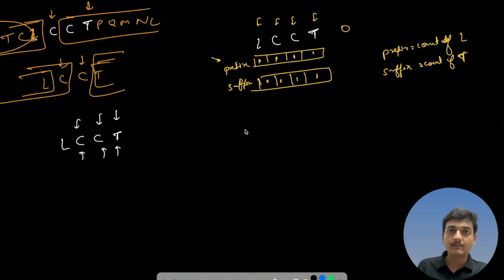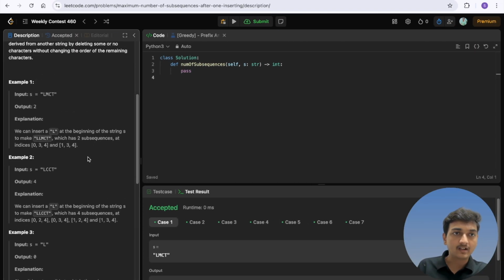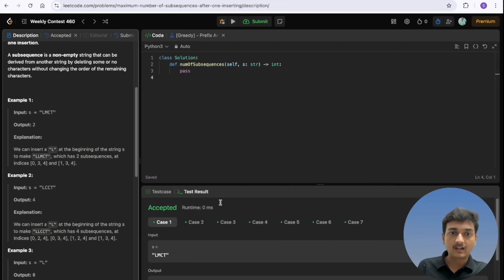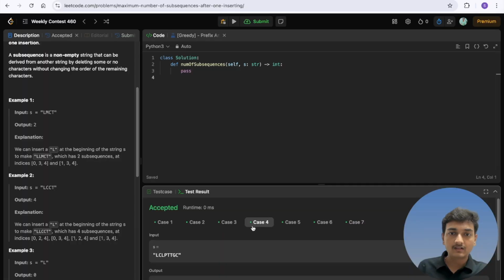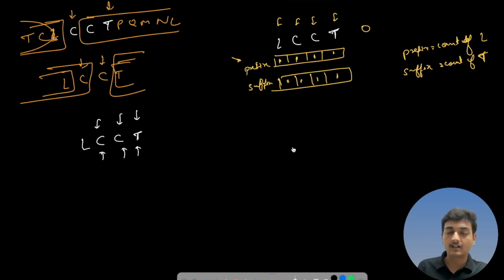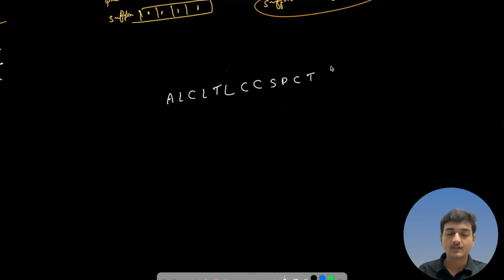Okay, let's take one more test case so that we understand it better. So let's take a little long test case. We have something. Let's create. Okay, so here I have written one test case, and I will be calculating the prefix and suffix for this test case now.